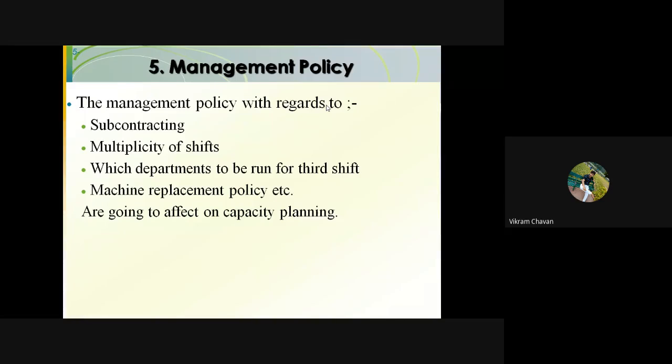In a company, not all departments will be run in three shifts. The account section will not work in three shifts.